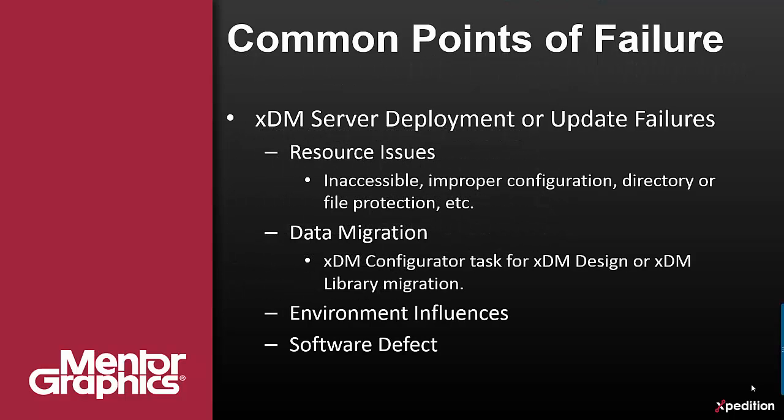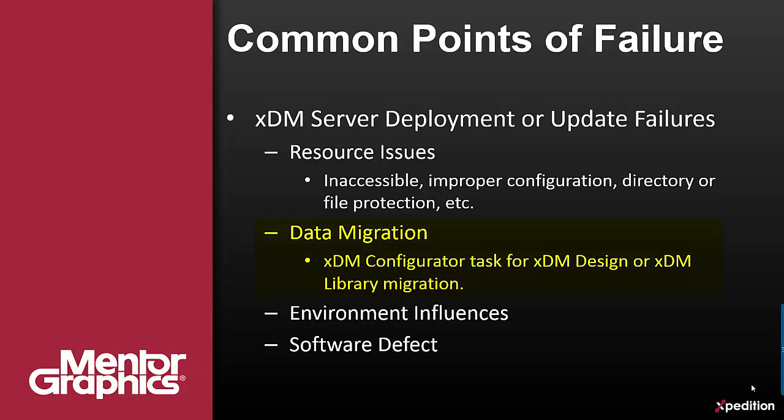What can go wrong? The following are the most common points of failure during the deployment of the XDM server or during the update process that have been seen thus far. Resources might be inaccessible or have improper configuration. Directories and files might not have the required access permission.